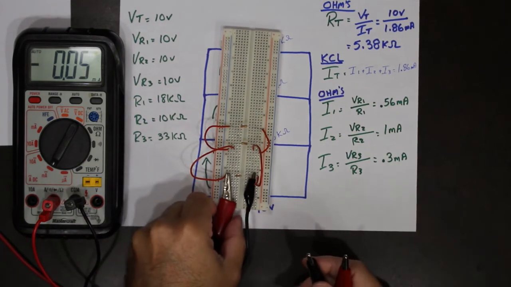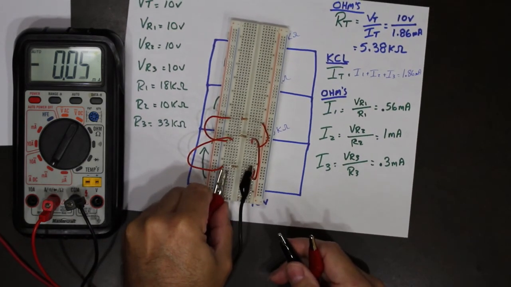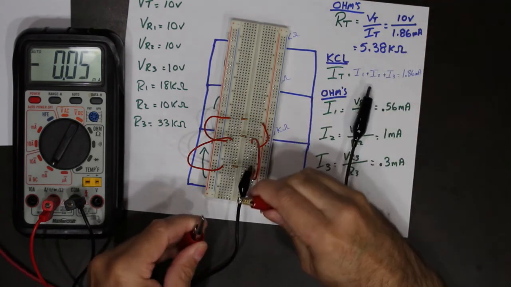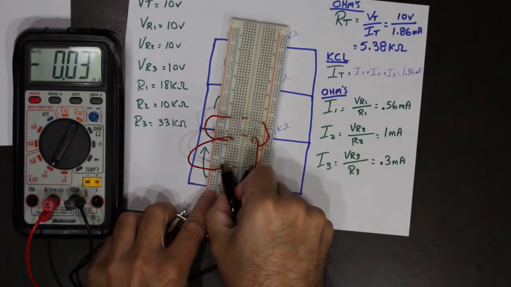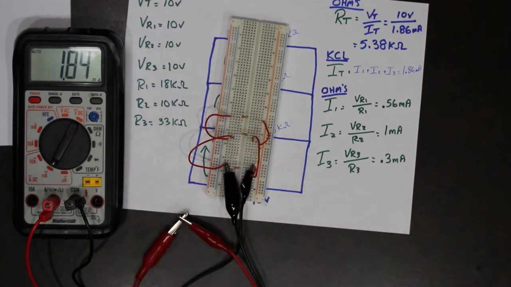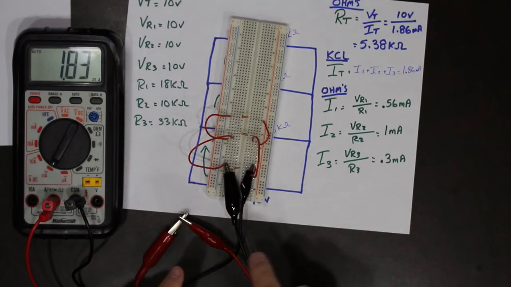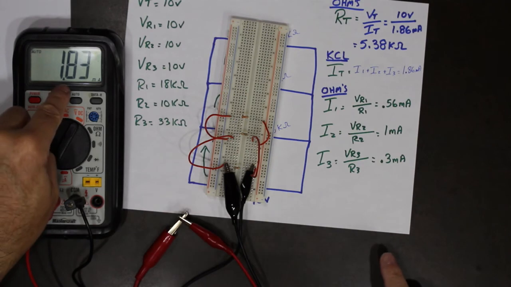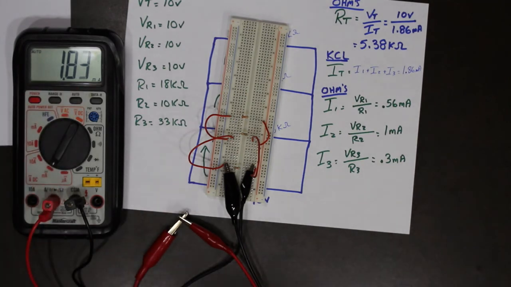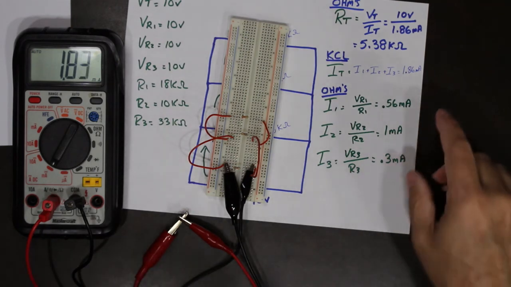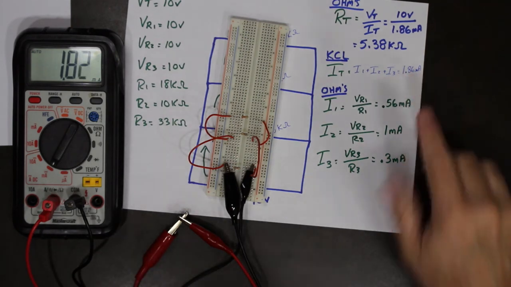So we're going to break the circuit, put the ammeter in place. So now what I'm doing right here, I am measuring the total current, 1.83 milliamps. So our calculation, we got 1.86.